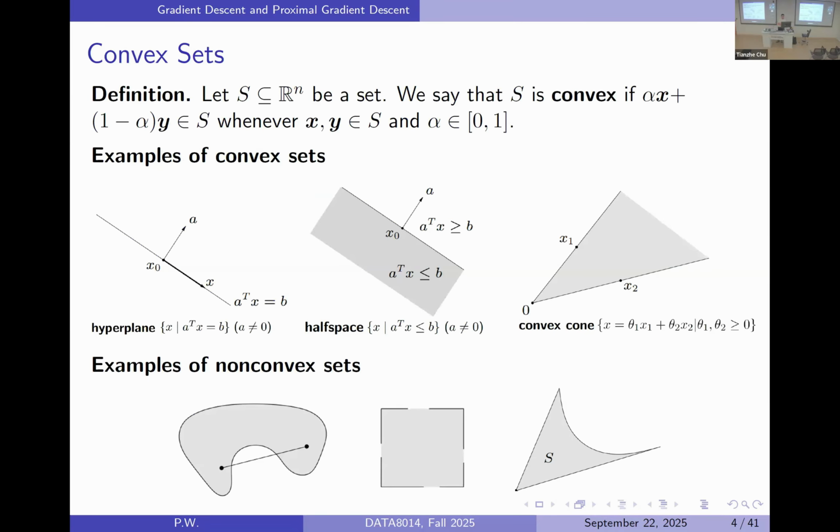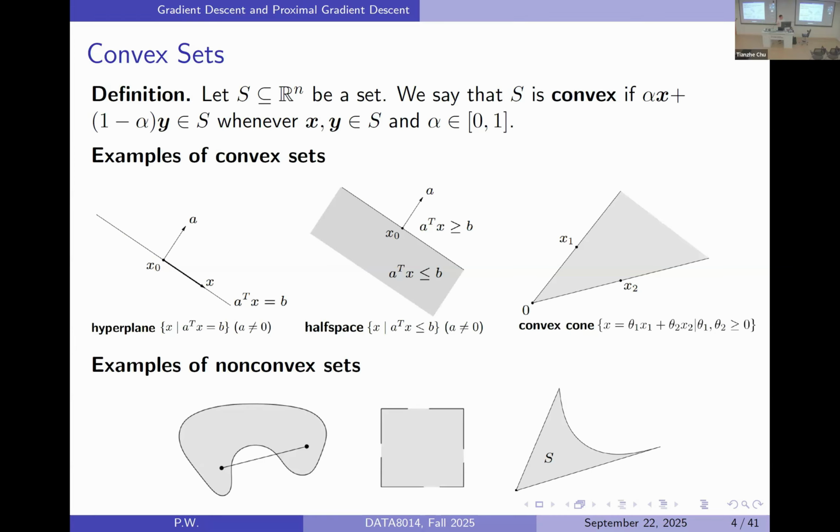In optimization, the most fundamental part is convex optimization. This area has been well studied in the past decades. In convex optimization, the central concepts are convex sets and convex functions. Here we first take a look at the definition of a convex set.